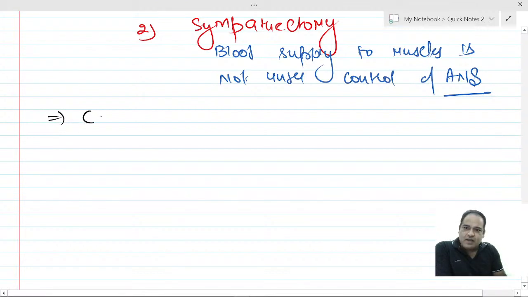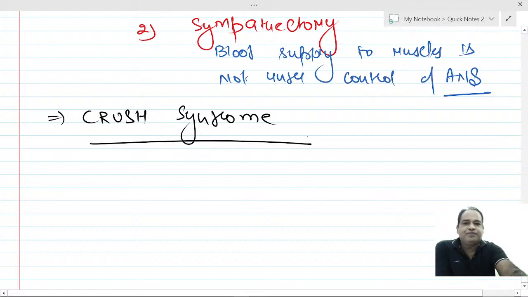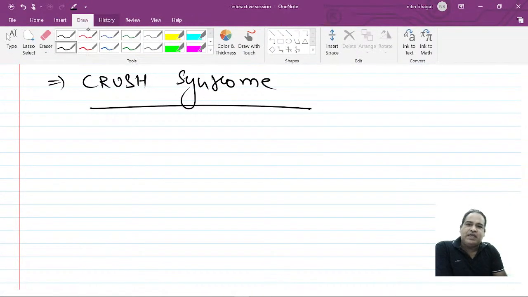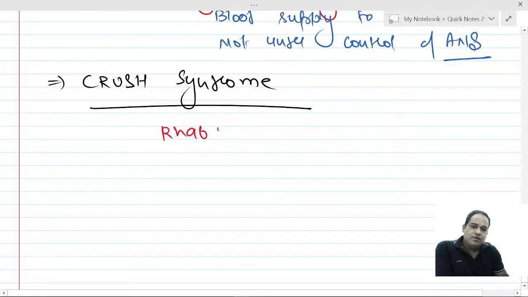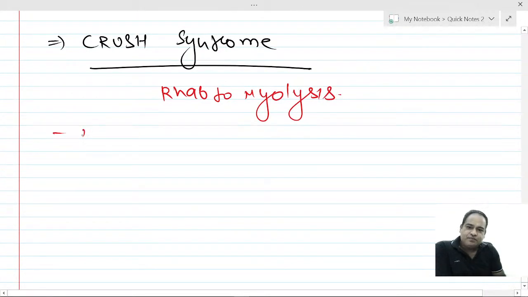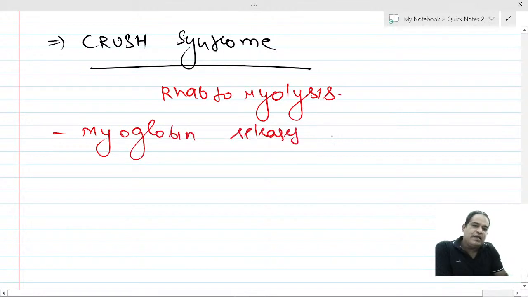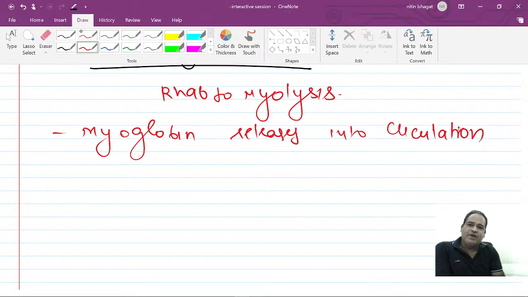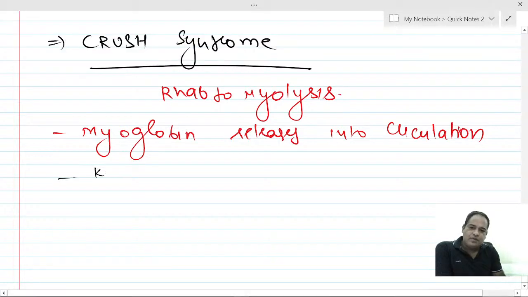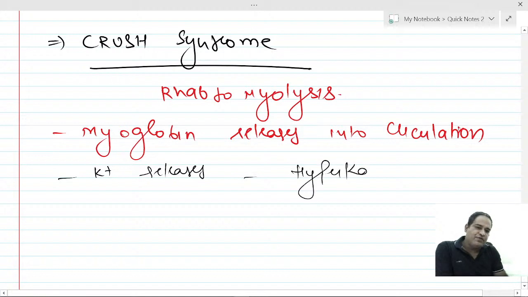Fine. Crush syndrome. The key word is rhabdomyolysis. Muscles are crushed. Myoglobin is released into circulation. Potassium is released into circulation. So your patient will have hyperkalemia.